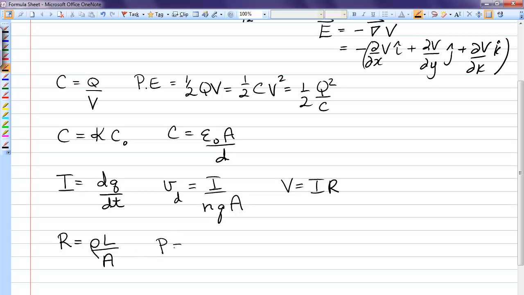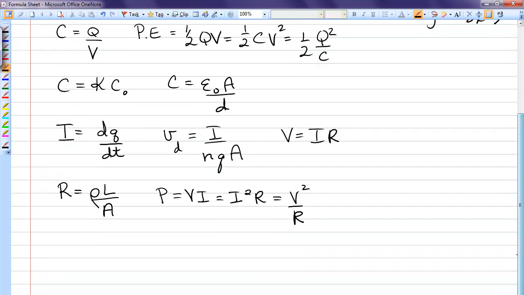If you need to calculate electrical power, you have 3 choices. You can use voltage times current, or you can use I squared R, or you can use V squared over R. Now both resistance and resistivity change with temperature.